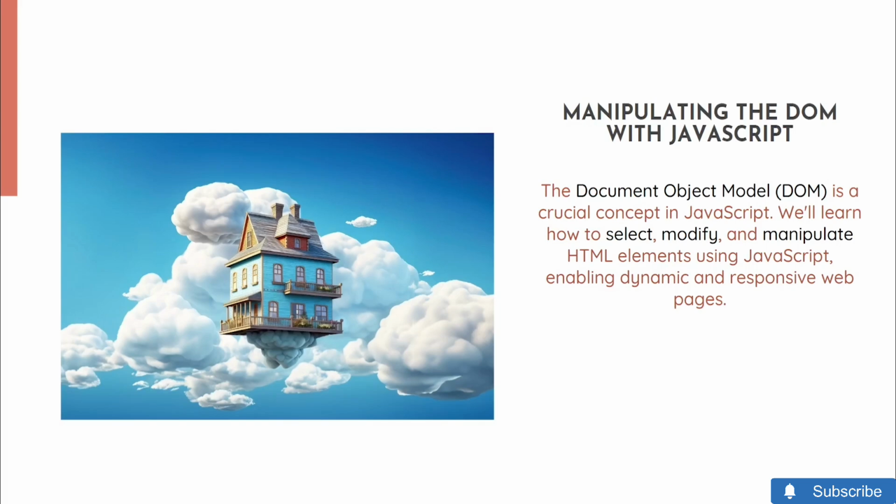If you want to change that data type, you will be able to select that particular thing, and later on modify it. You can manipulate the HTML elements using JavaScript. So overall, it enables dynamic and responsive web pages. It is quite a helpful thing we will be learning, which is the Document Object Model.